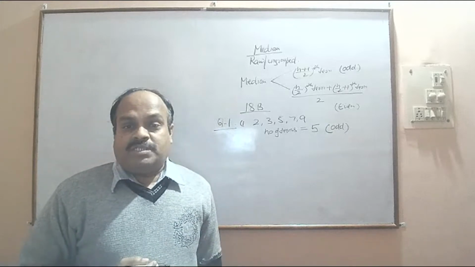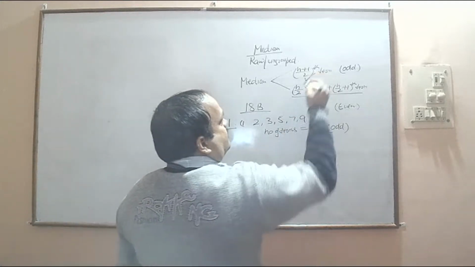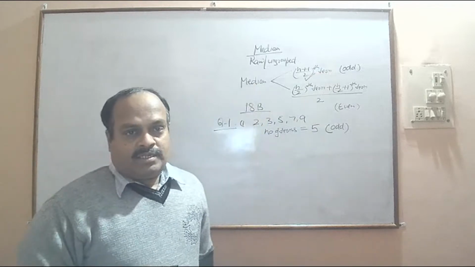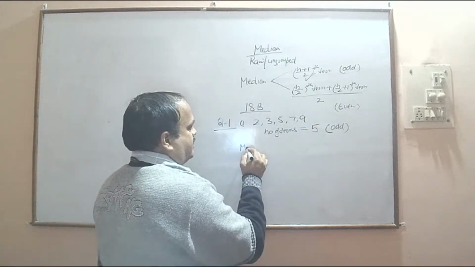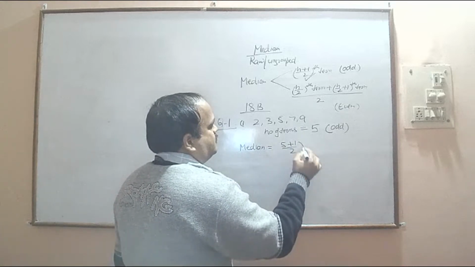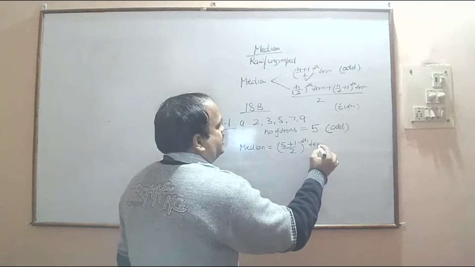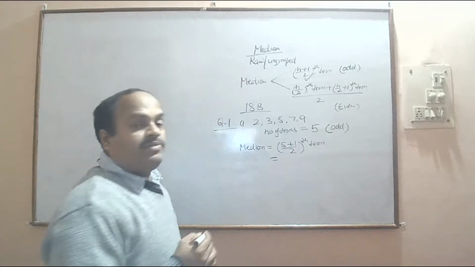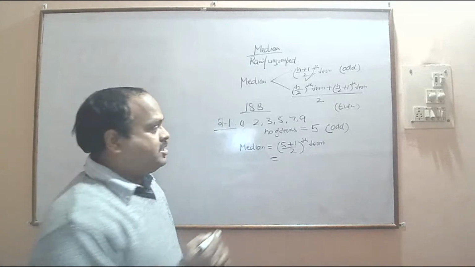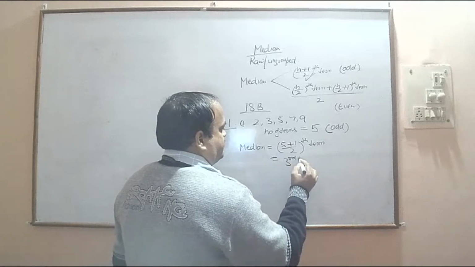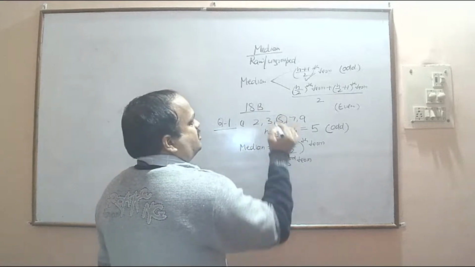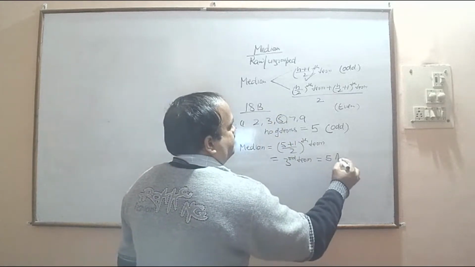So if the number of terms is odd, then to select the middle term, we will be using this formula. Median is equal to the (5 plus 1) by 2th term. 5 plus 1 becomes 6, 6 by 2 is 3. So the median will be the third term, and the third term is 5.